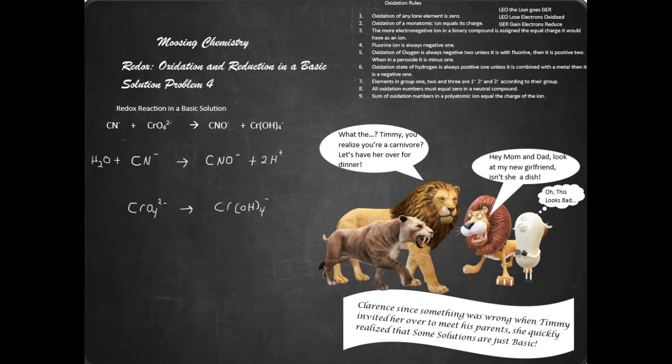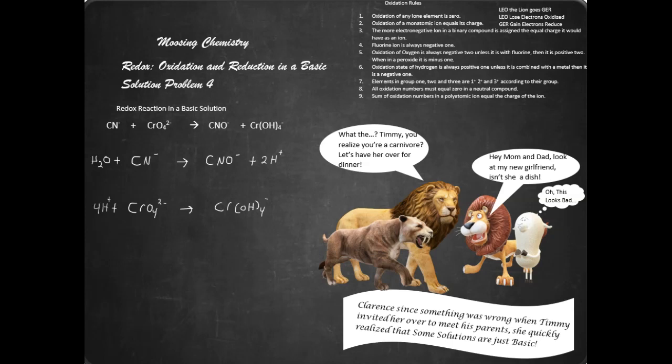So we have 4 hydrogens on the right side. So that means we're going to need 4 hydrogens on the left side. Pretty darn snarly, let's say. Okay, so everything is looking really, really good now.